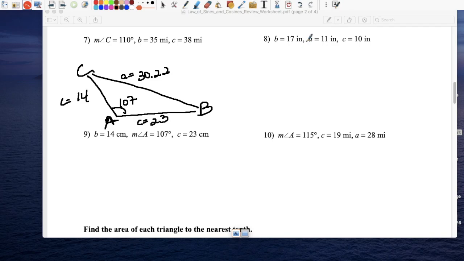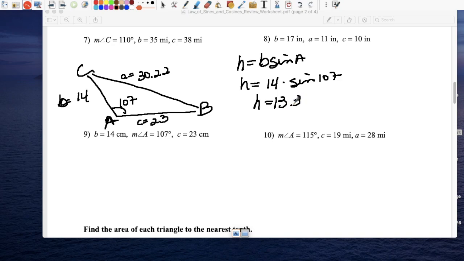And if you want, we can do h equals b sine of A, just to check the height. H equals 14 times sine of 107, and that's going to give us 13.3839.